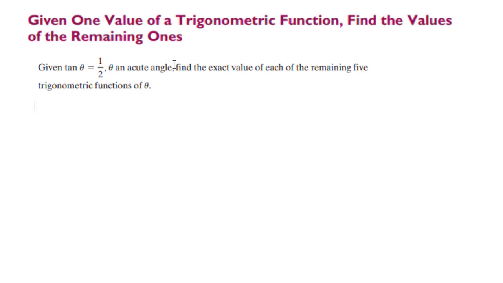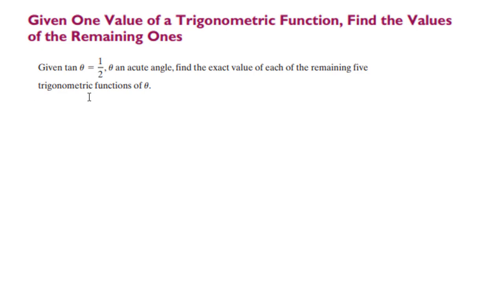Then how can I draw a triangle with an acute angle? And tangent of theta is equal to 1 over 2. Okay, what is tangent? Tangent is opposite divided by adjacent. Then I know my opposite side to theta is going to be 1, and my adjacent side of theta is going to be 2.